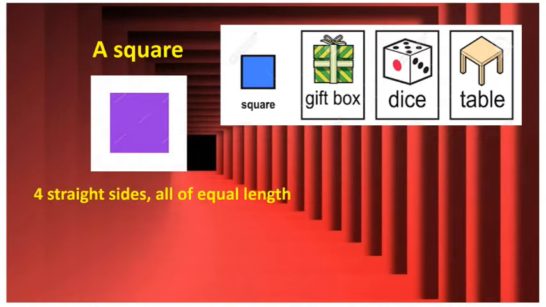A square has four straight sides, all of equal length, and four angles. All sides are equal and it has four angles.